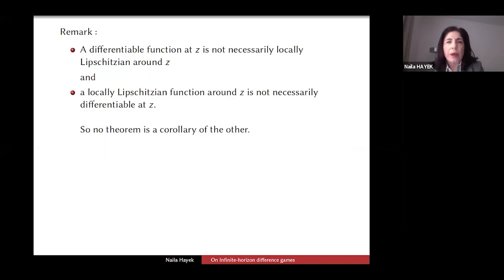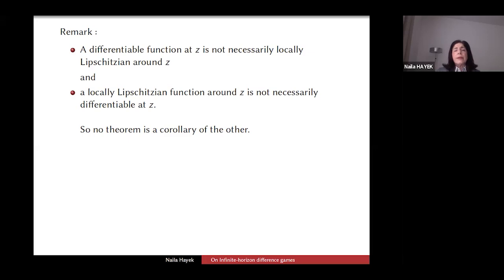So if you notice the following thing, when we have a differentiable function at the point z, then it is not necessarily locally Lipschitzian around z. We have examples of functions which are differentiable without being locally Lipschitzian at a point. And also, a locally Lipschitzian function around z is not necessarily differentiable at z.